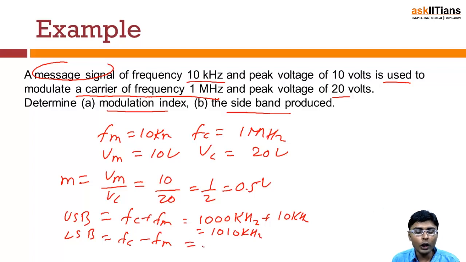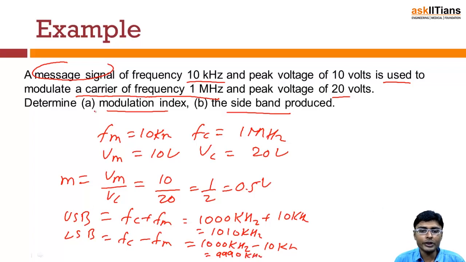The lower sideband is FC minus FM, that is 1000 kilohertz minus 10 kilohertz, so it will be 990 kilohertz. Okay, so this is the answer for these questions.